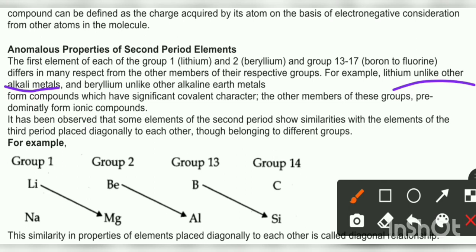Lithium does not behave like other alkali metals. Beryllium, unlike other alkaline earth metals, ಅಂದರೆ ಸೆಕೆಂಡ್ ಗ್ರೂಪ್ನಲ್ಲಿರುವಂಥದ್ದು, ಸೆಕೆಂಡ್ ಗ್ರೂಪ್ನಲ್ಲಿರುವಂಥ ಅದರ್ ಎಲಿಮೆಂಟಿನ ಪ್ರಾಪರ್ಟೀಸನ್ನು ಬೆರಿಲಿಯಂ ಶೋ ಮಾಡೋದಿಲ್ಲ. ಓಕೆ, ಆರ್ ಇಟ್ ಡಸ್ ನಾಟ್ ಬಿಹೇವ್ ಲೈಕ್ ದ್ಯಾಟ್.